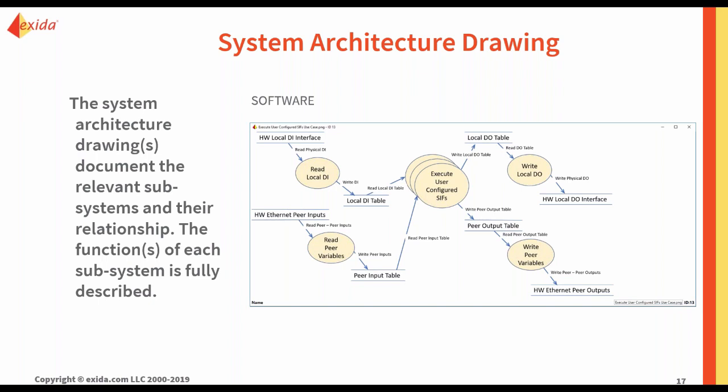Frequently, if there is software, a software architecture drawing is also created at this point, where we can read the local digital inputs, set up a table, use it to execute user-configured safety instrumented functions, read peer variables from the network, write local digital outputs to our physical interface, or write safety critical outputs to the peer output table, which will be transmitted to other controllers over the Ethernet communications port.